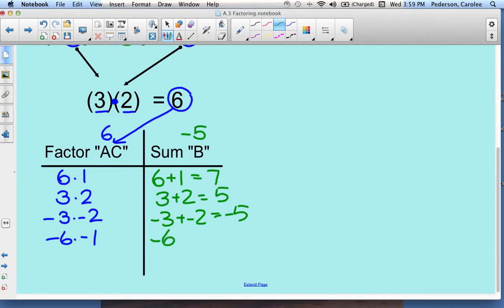And then -6 plus -1 is -7. This might look familiar to what we call the chart method when the leading coefficient is 1 in a trinomial. The one we want is the one that sums to -5, which is down here, the third one. So we're going to use these two numbers right here.